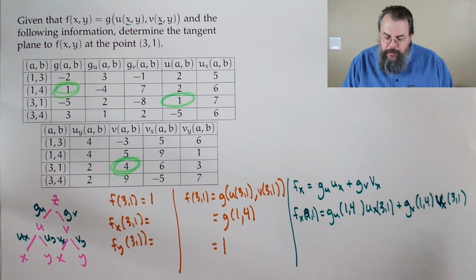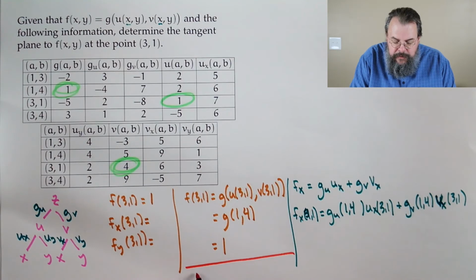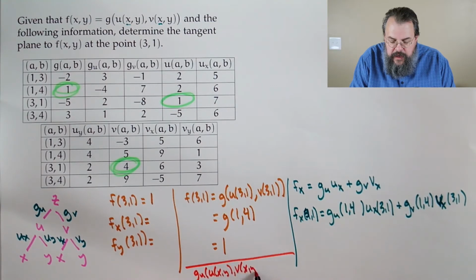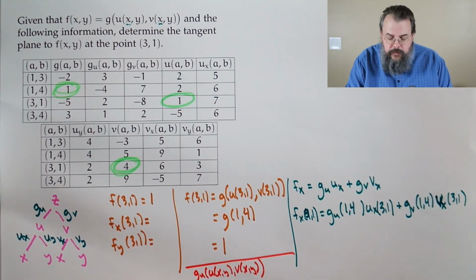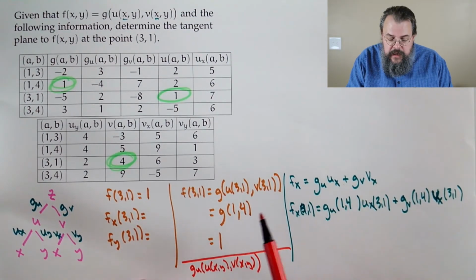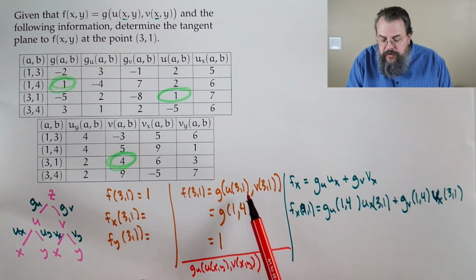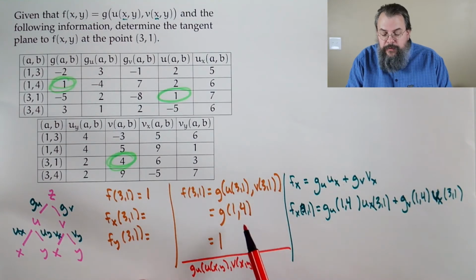So when we write g sub u, remember that's just a shorthand, I'll put it down here, of g sub u of u(x,y), v(x,y). So that's really what's being represented by this g sub u. And so when you plug in 3, 1, it's g sub u of u(3,1), v(3,1). But we've already computed u of 3, 1 and v of 3, 1 as 1 and 4.